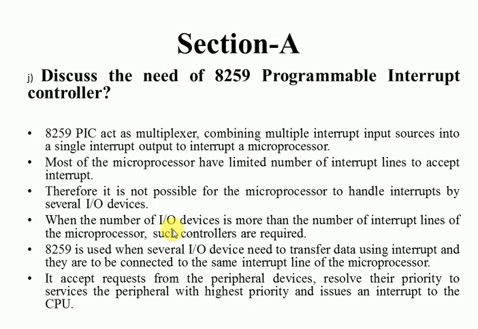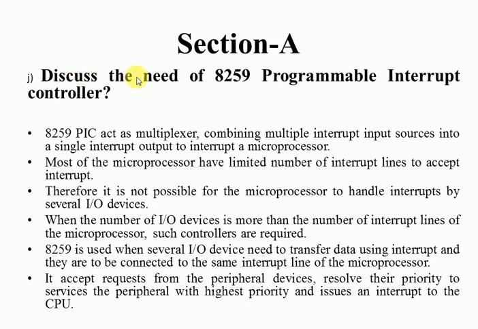If more than 5 input output devices need to transfer data, then for that purpose we require the programmable interrupt controller. It gets all the interrupts, combines them, and then using the interrupt priority resolver, all the interrupts are serviced one by one.